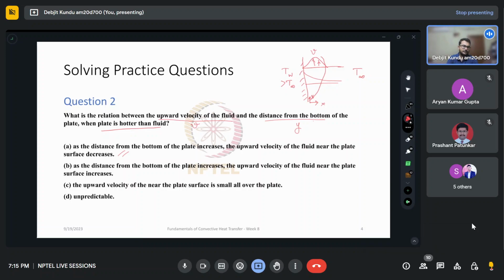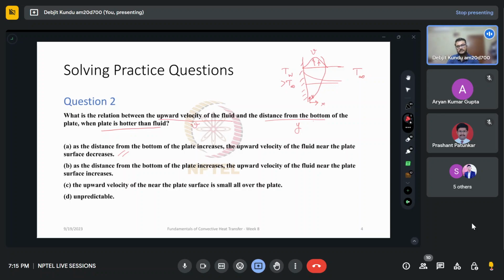We have question number 2 of today's session over here, asking us what is the relationship between the upward velocity of the fluid and the distance from the bottom of the plate when the plate is hotter than the fluid. So as distance from the bottom of the plate increases, the upward velocity of the fluid near the plate surface decreases, or option B, it increases.